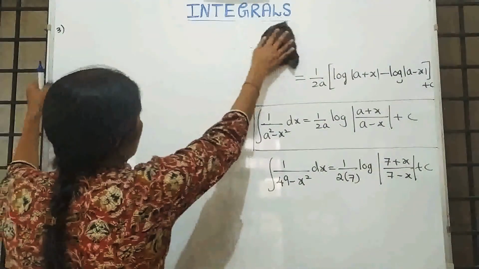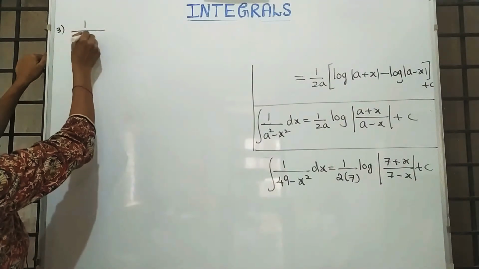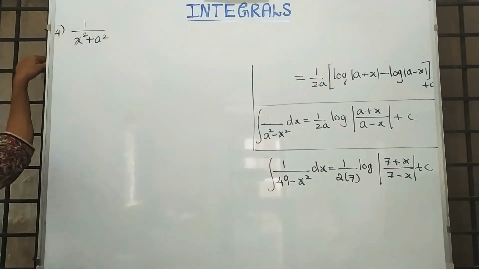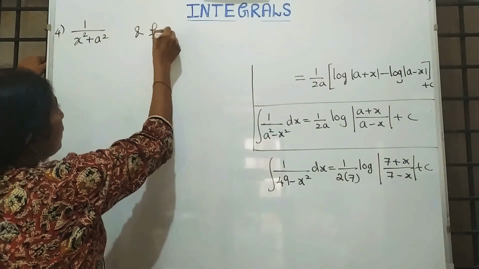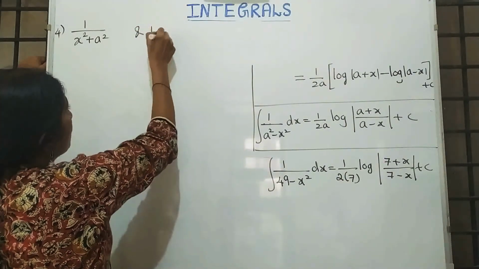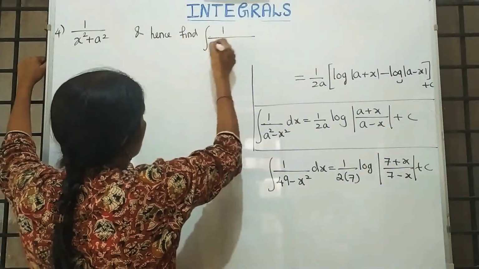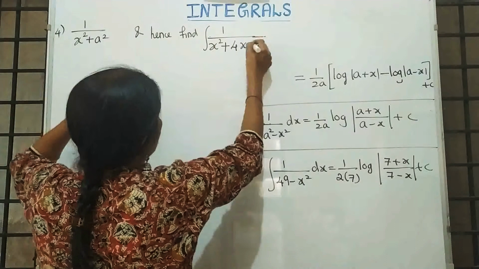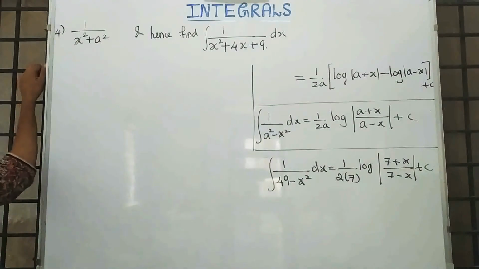Find the integral of 1 upon x square plus a square, and hence find the integral of 1 upon x square plus 4x plus 9 into dx.